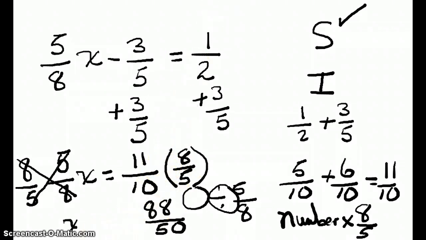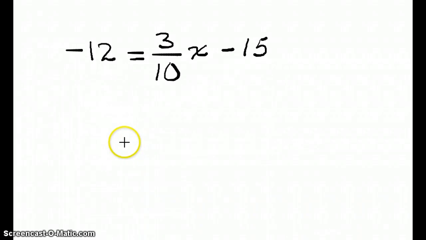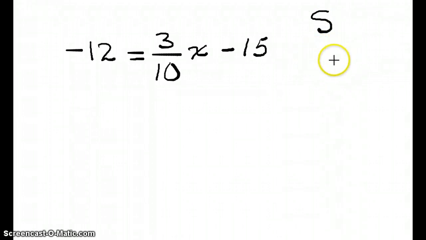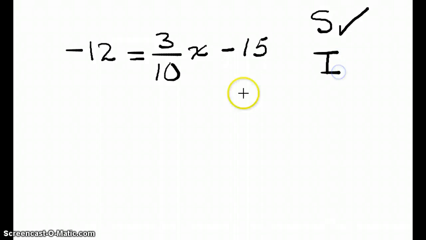All right, and the last question I want to take a look at is another fraction. This time my variable's on the right-hand side. Is that an issue? Well, I don't remember anything in my checklist saying that it had to be on the left-hand side. So is it simplified? Yes, no distributive property, no combining like terms. Isolate. I have my variable with a -15.